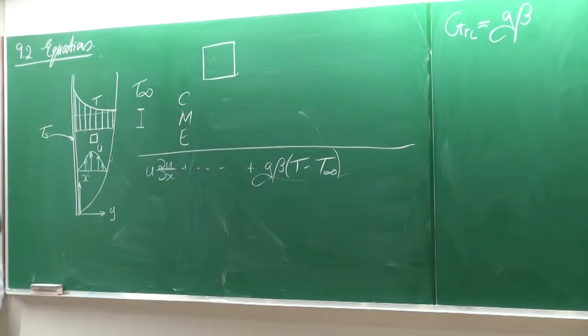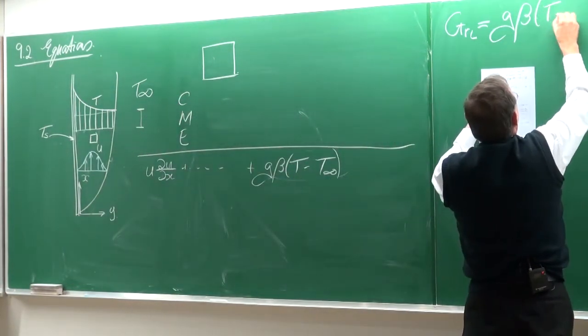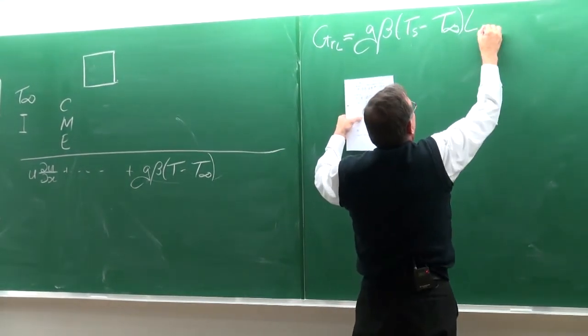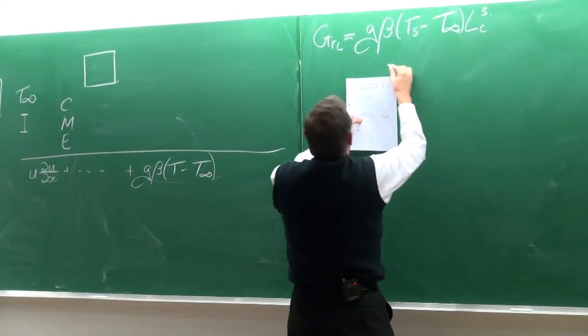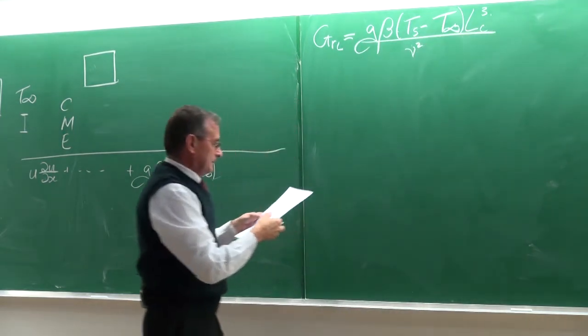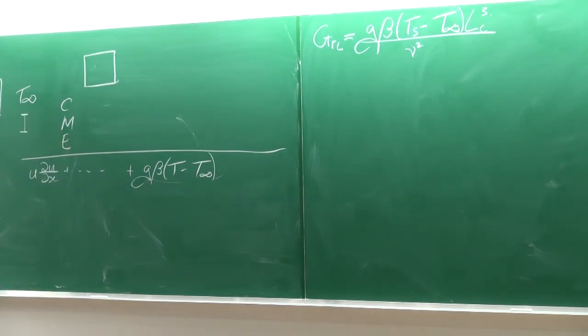Beta is this volume expansion coefficient, which tells us the change in density, what would the resulting changes be in terms of temperature. g beta multiplied by (Ts minus T infinity) multiplied by the characteristic length to the third, divided by the kinematic viscosity squared. So that is called the Grashof number.